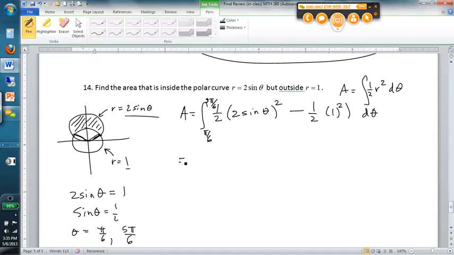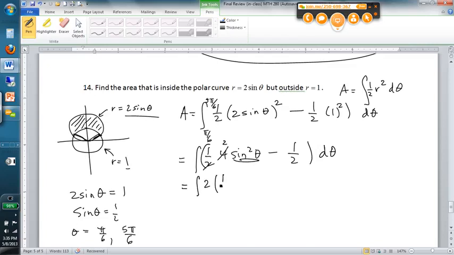All right, so that's going to be 1/2 of 4 sine squared, minus 1/2. So that's going to be 2 sine squared. What am I going to do with that? Well, that's the old double angle again. So I have 2 times the sine squared is 1/2 minus 1/2 cosine 2 theta.